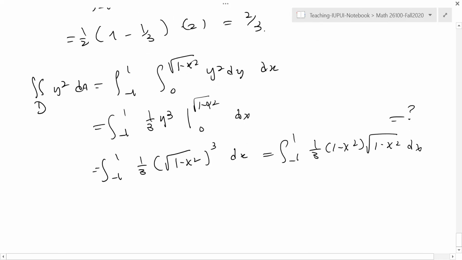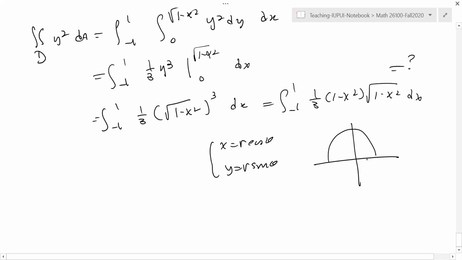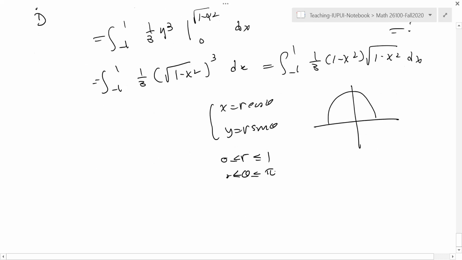So the best way to do it is to use polar coordinates, okay? The polar coordinates: x equals r cosine theta, y equals r sine theta. Using that, you will see that r is between 0 and 1, and theta should be between 0 and pi. So our integral is going to be over a rectangle: here's the 1, here's theta up to pi.